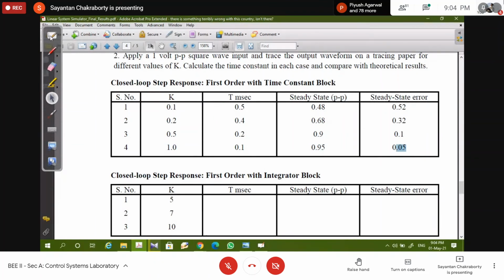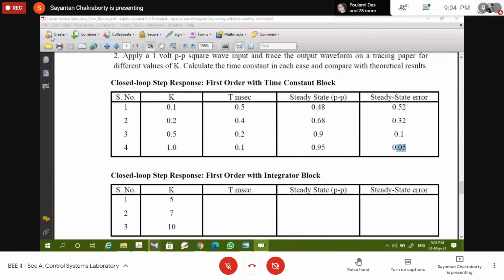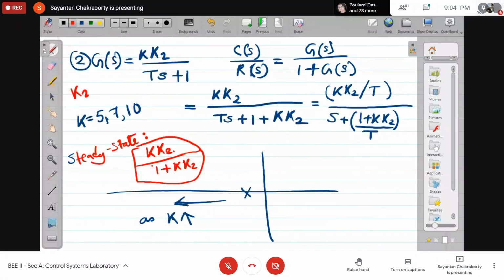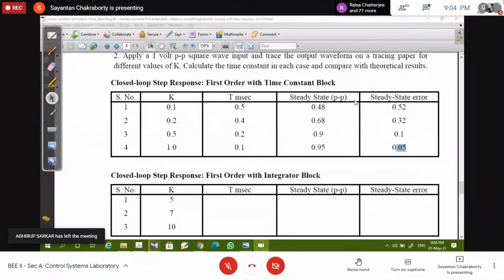Given the theoretical values that you have with K2 equal to 10 and T equal to 1 millisecond, if I'm not wrong, you have to tabulate the theoretical values. This is the experimental values.